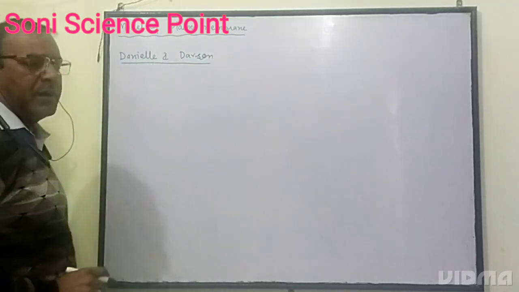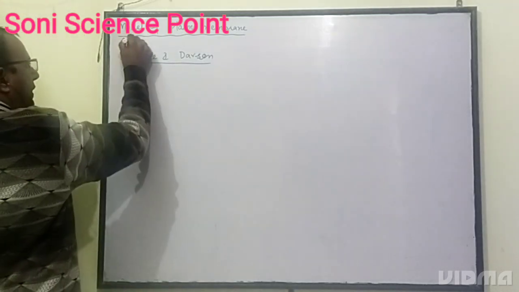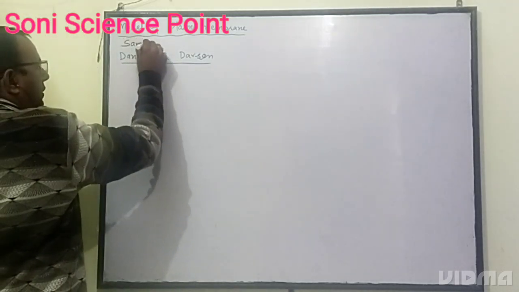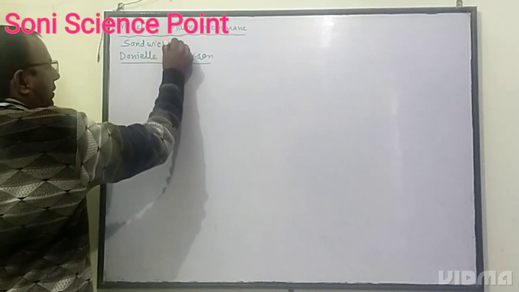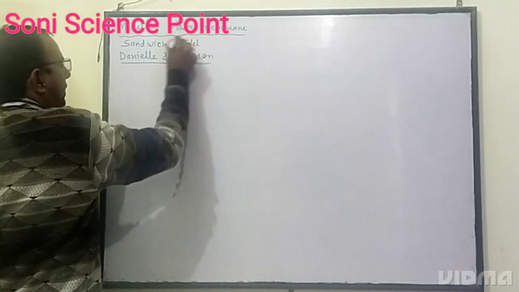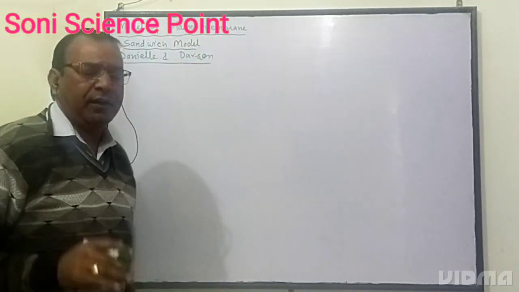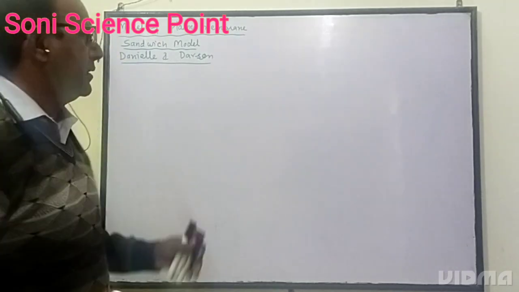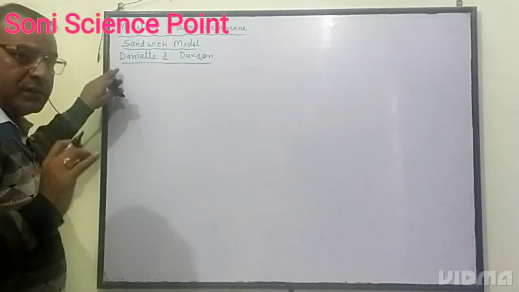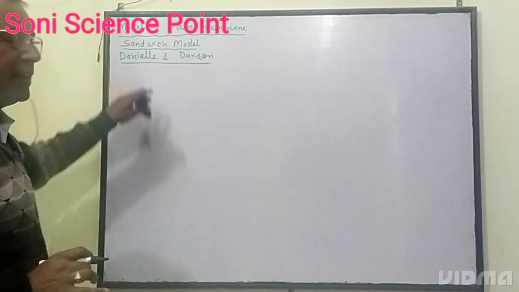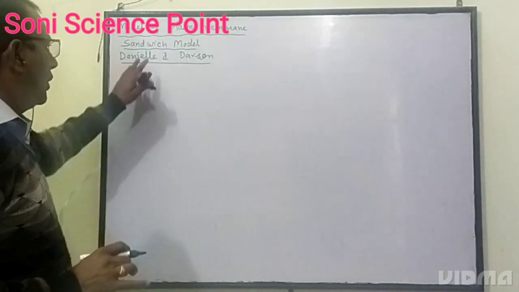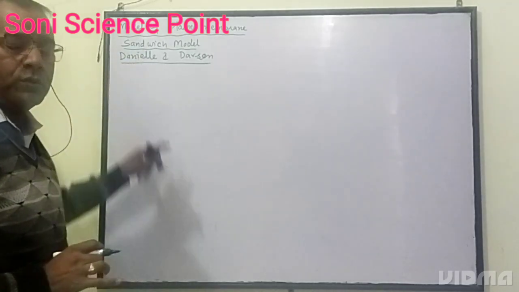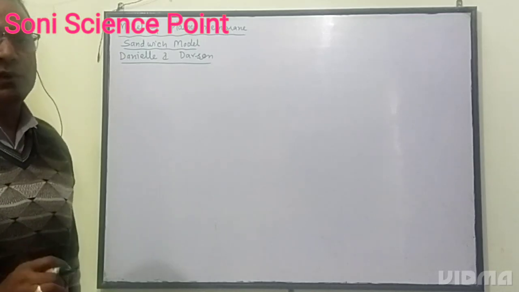They compared the plasma membrane model with the sandwich model. What is a sandwich? We know there are two slices of bread between which we can keep jam. The model proposed by those two scientists is called the sandwich model.